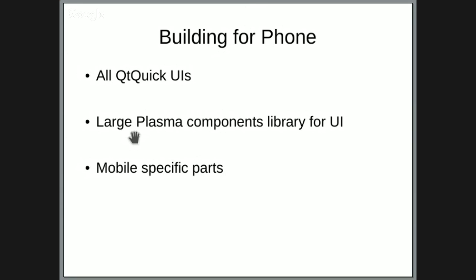So we're reusing all of that for our mobile applications. Everything's written in Qt Quick. We have a large set of components and core libraries designed to work with the Plasma theme. And we have some mobile-specific parts, such as the sidebar menu that you might be familiar with in Android. We have our own components that we haven't seen on the desktop, but are almost essential to a mobile way of working.